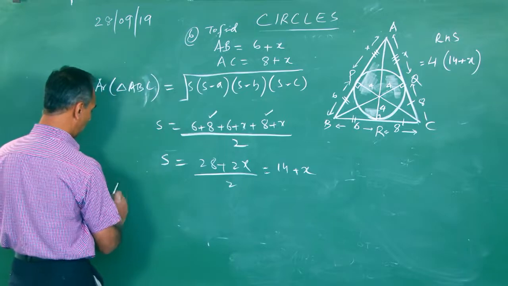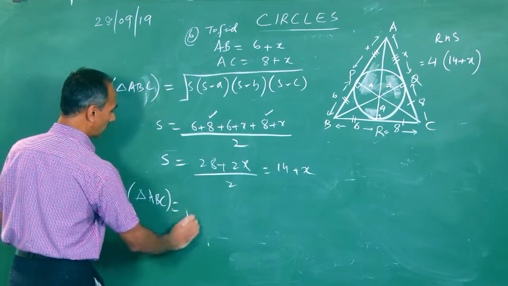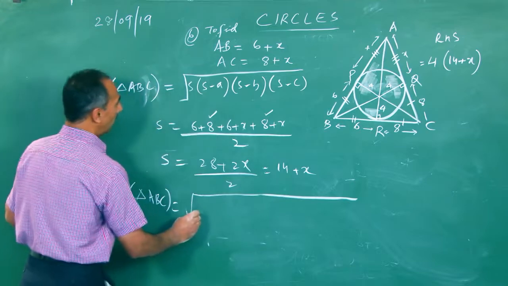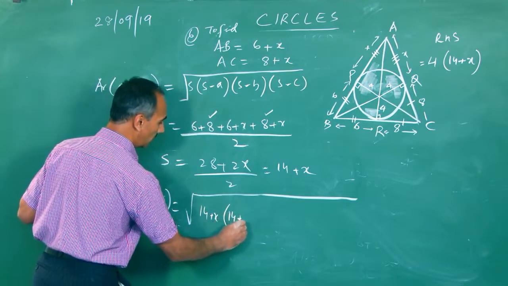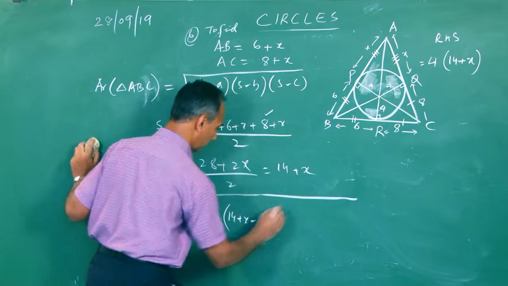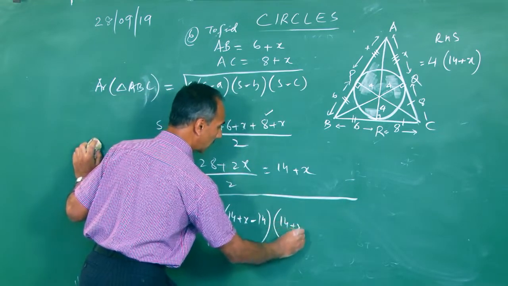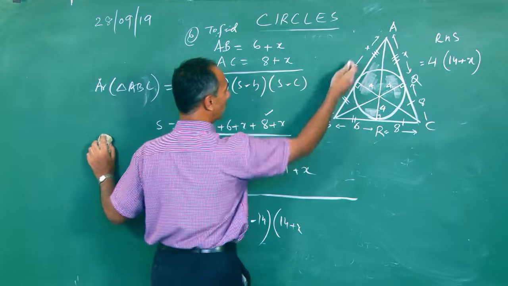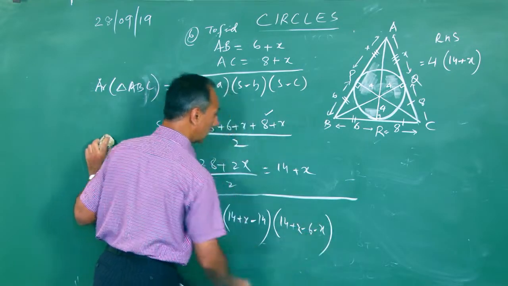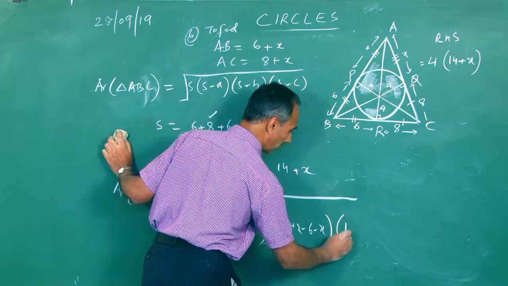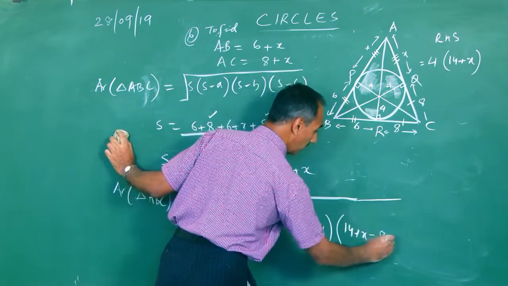So then area of triangle ABC would be the positive square root of s, that is 14 plus x, into s minus a, 14 plus x minus 14, into s minus b, 14 plus x minus b, where b is 6 plus x, so minus 6 minus x, into s minus c, 14 plus x minus c, where c is 8 plus x, so minus 8 minus x.